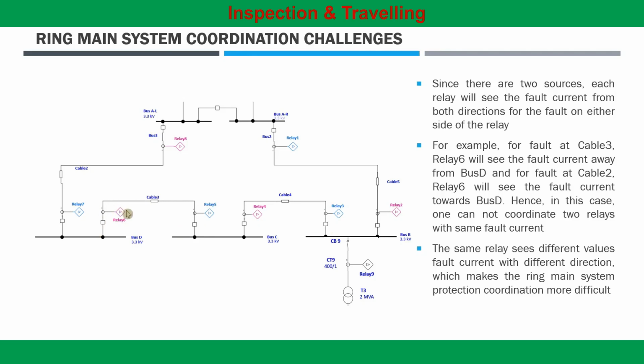Also, for a fault at a different location, the same relay will see a different value of fault current with different directions, which makes the ring main system protection and coordination more difficult and complex.